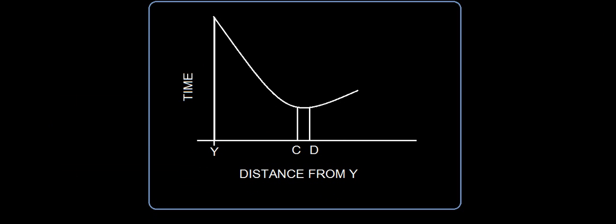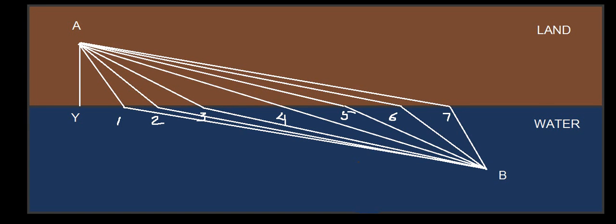From this graph, it is clear that the points C and D take the same time to reach point B from A. That is, from the graph we can find 2 points on the shoreline, C and D, such that the times taken to reach point B through those two paths are the same, and those 2 points are very close to each other.